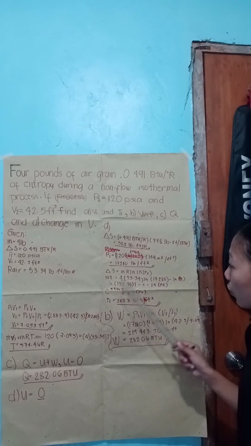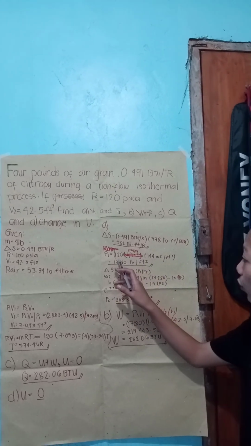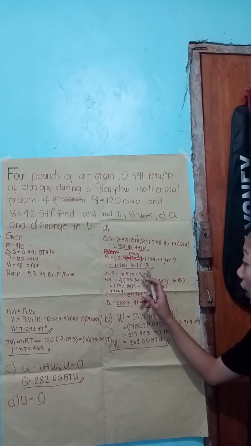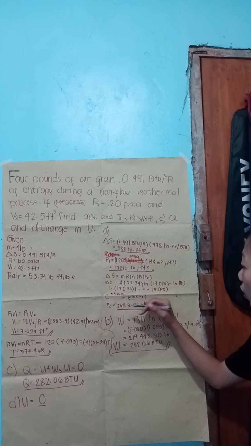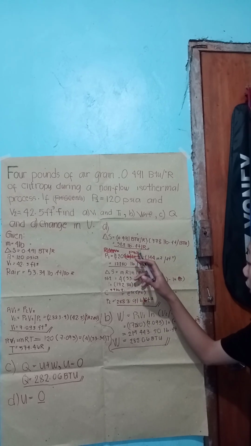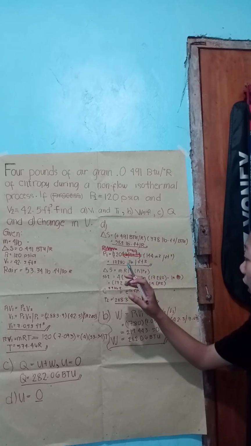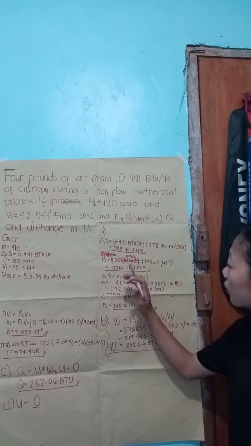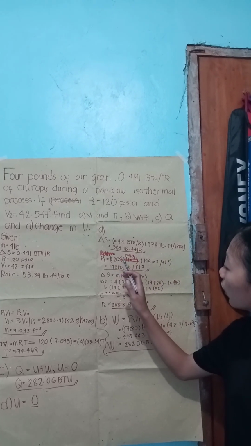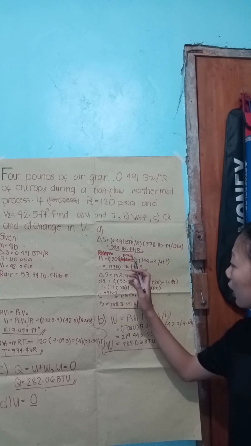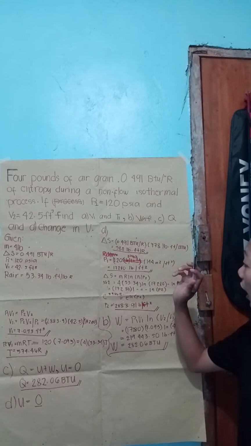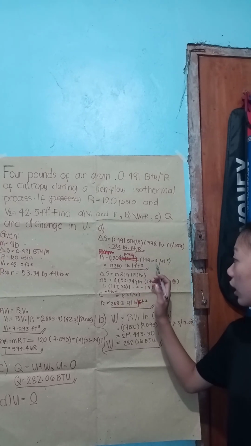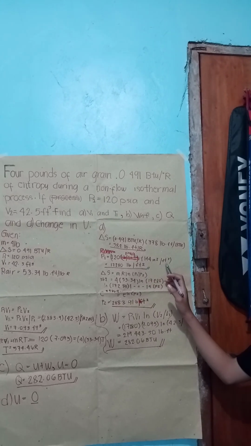So next, we also convert the 120 psia to pounds per square feet, in order to match this one. 1 psia has 144 square inch per square feet.